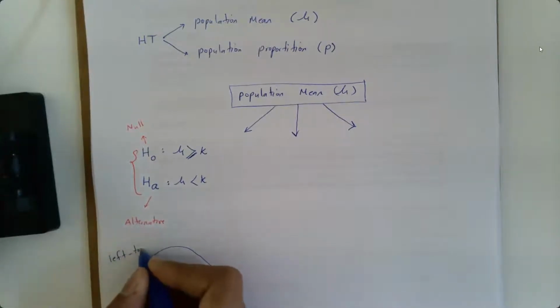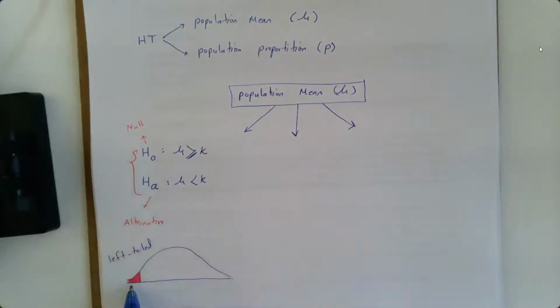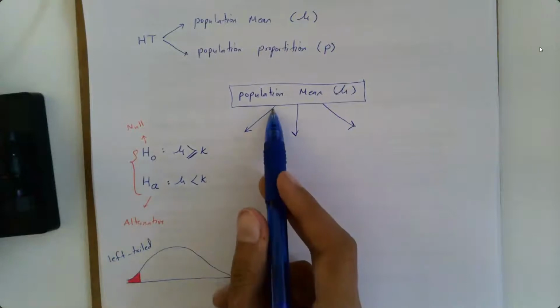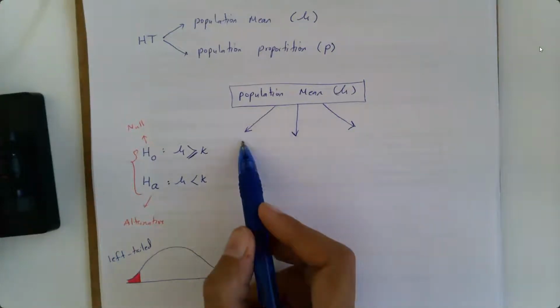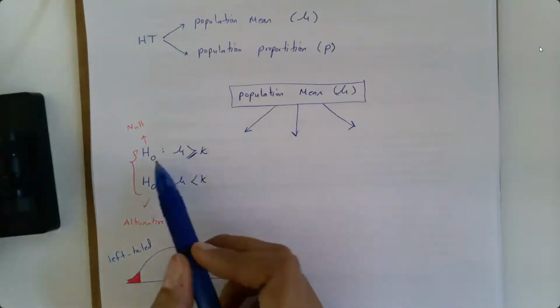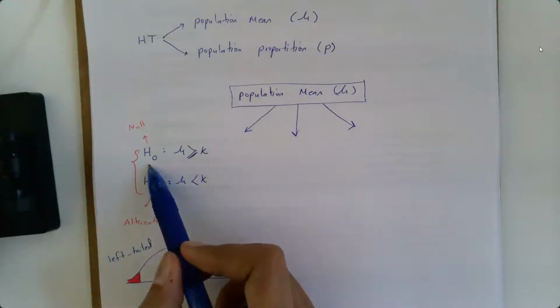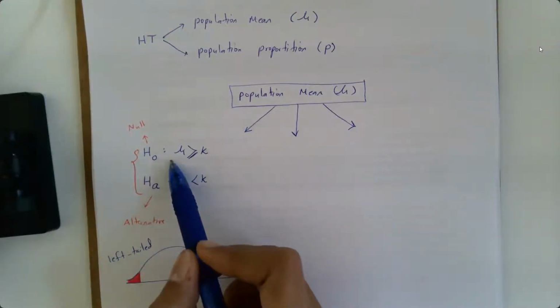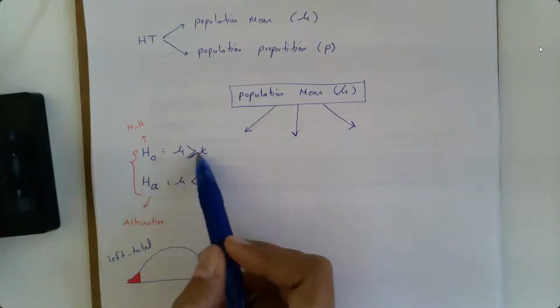Left-tailed. We shade the left tail of the graph. This is our case 1, our first scenario. The null hypothesis says the mean is larger than or equal to k.